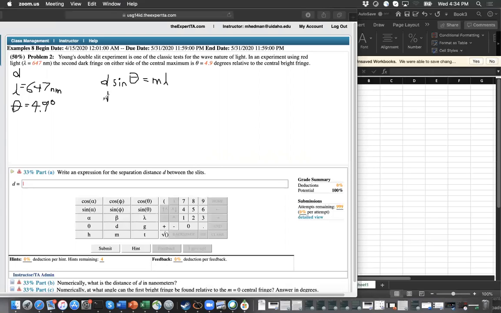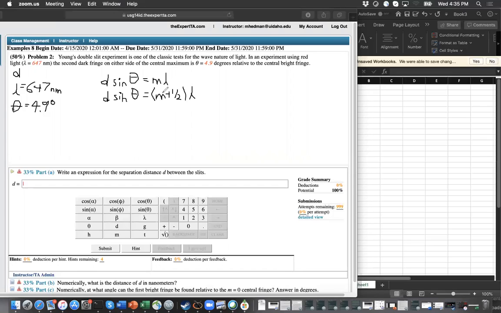And we also have the expression d sine theta equals (m plus a half) times lambda.